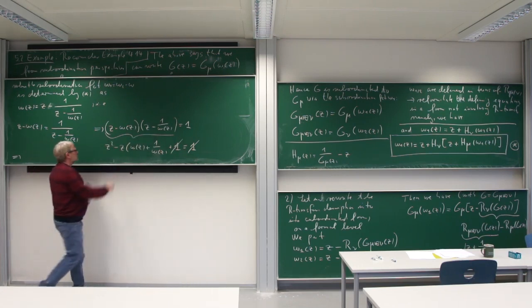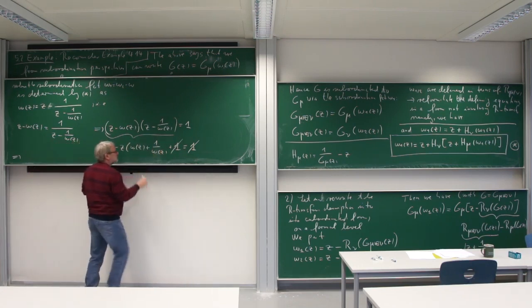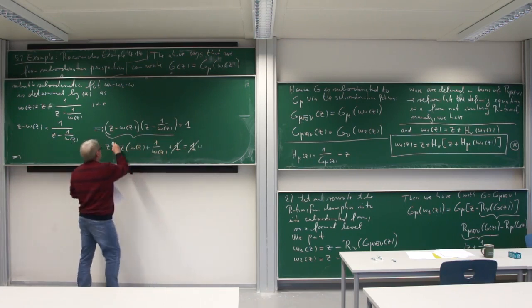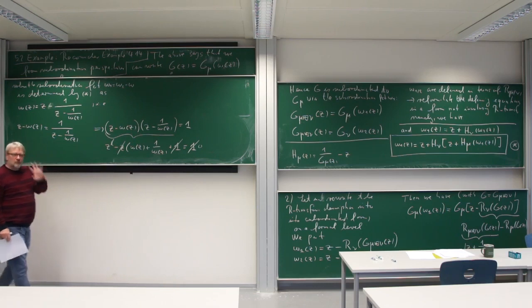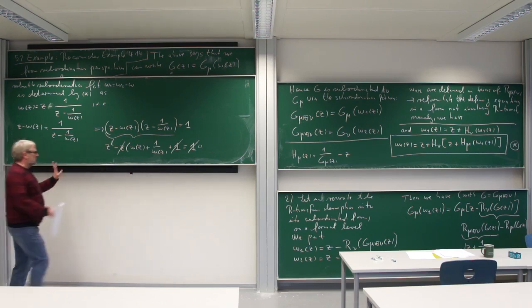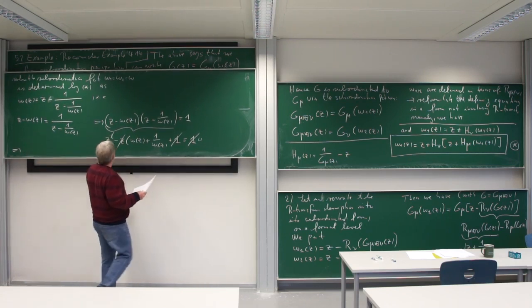And then actually I can also divide by Z. We have here now 0. I can divide by Z because we are not at 0. We are looking for Z, let's say, somewhere in the upper half plane or so. So Z is not equal to 0, so no problem with this.